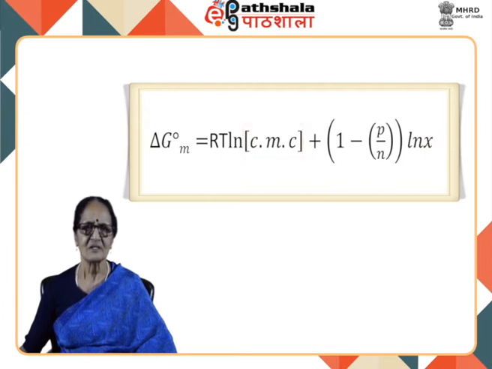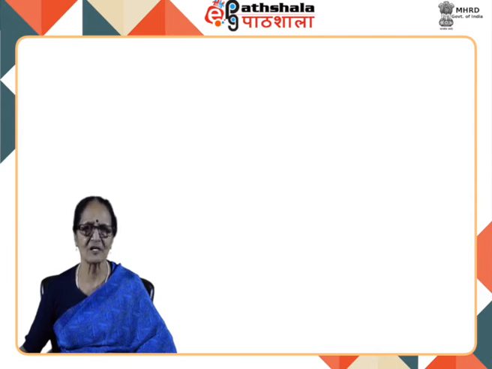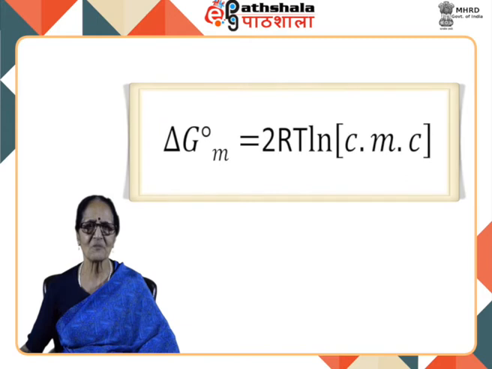It is clear from equation 15 that as p approaches 0, this happens when most charges are associated with counterions, then the equation becomes equation 18, that is, delta G0m equal to 2 RT ln CMC.